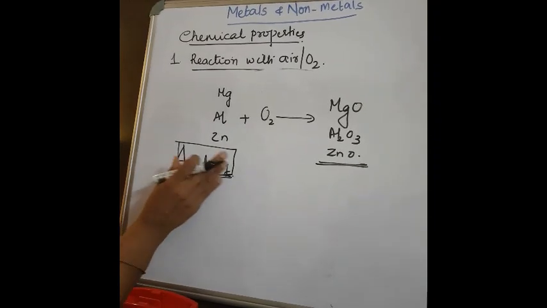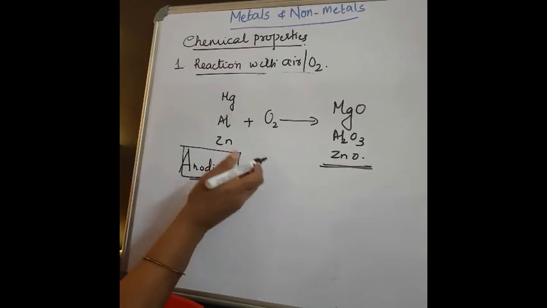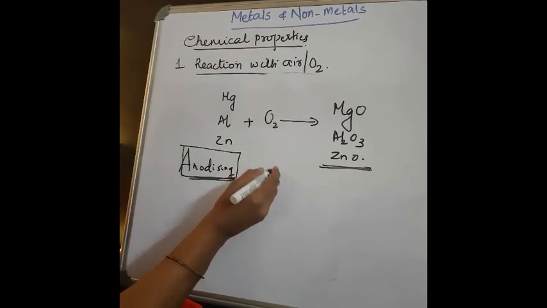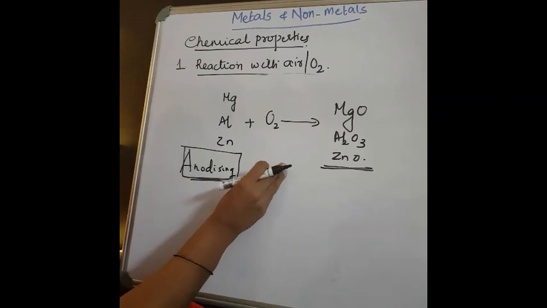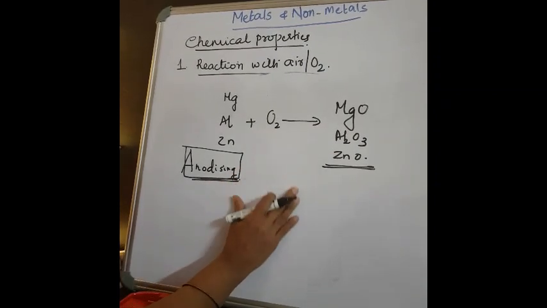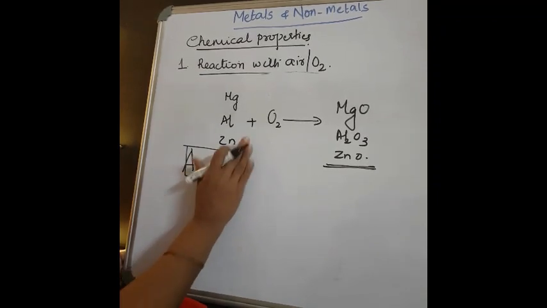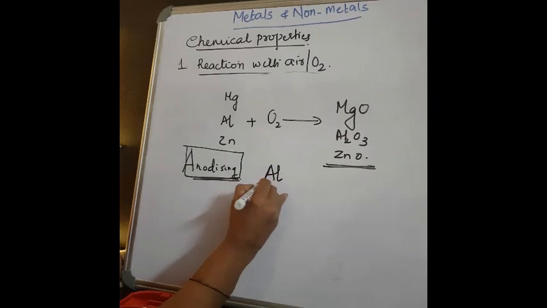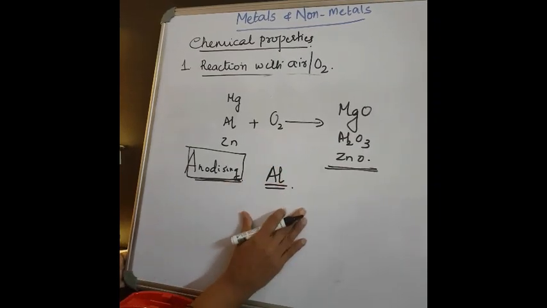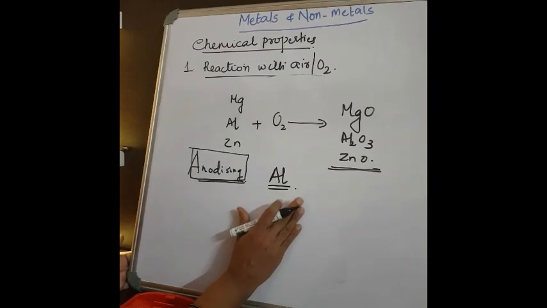Now let's see what anodizing is. Anodizing means, as I said, making the metallic oxide a thicker layer of oxide, that's all. Now, how can you do anodizing? Suppose we want to anodize aluminium, some material of aluminium.